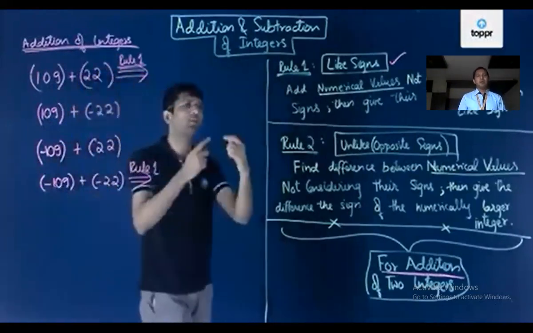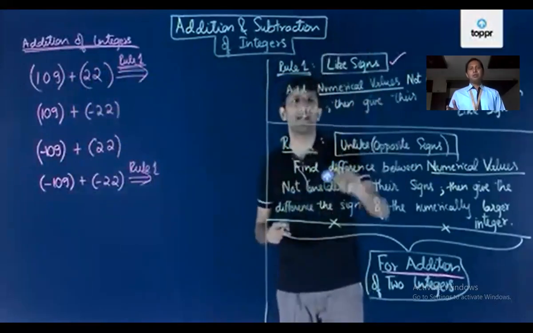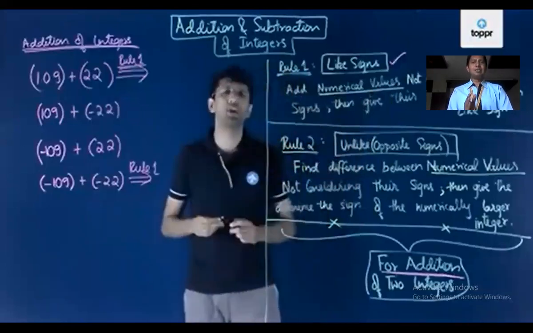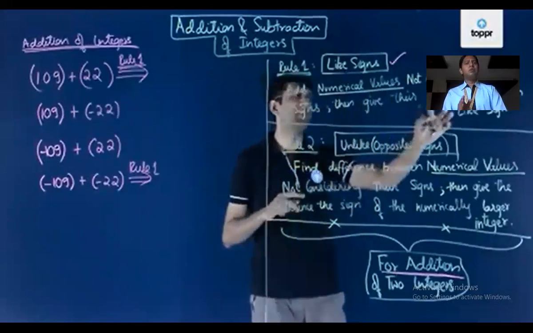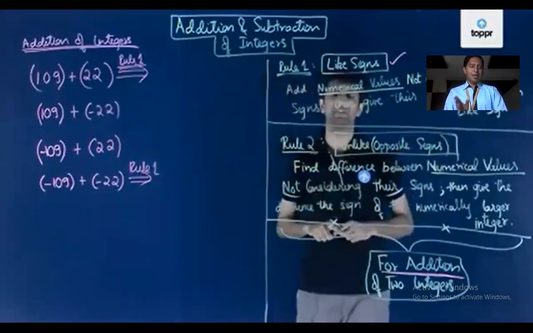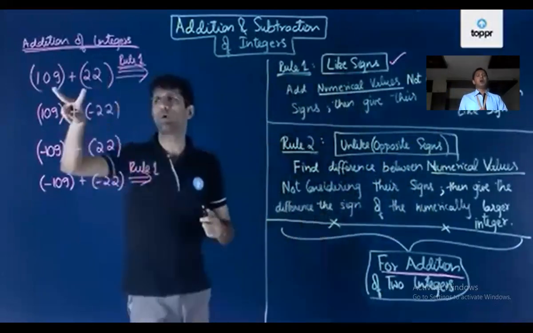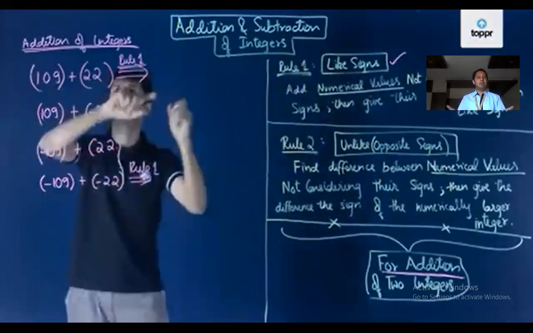Now we'll read the rule as it is. In like sign cases, add the numerical values not considering their sign, and then give their sum the common like sign. In this case, 109 and 22 are both positive, and we add the numbers without considering their sign.